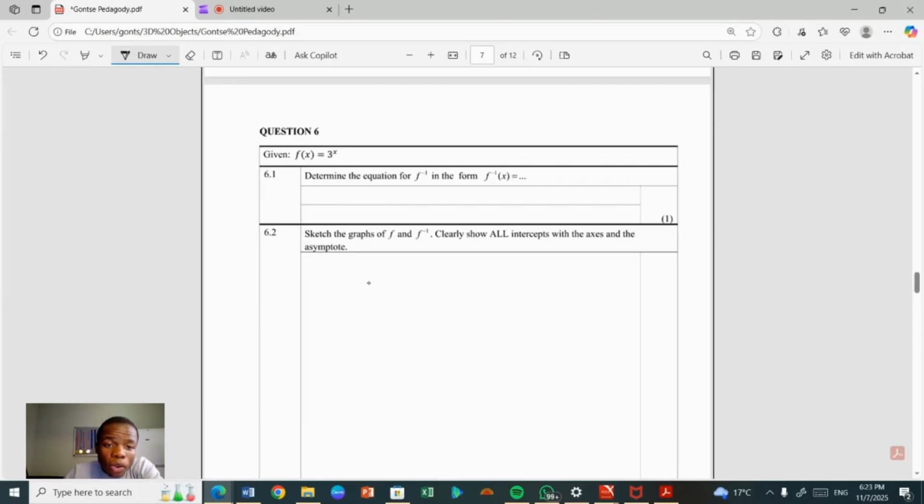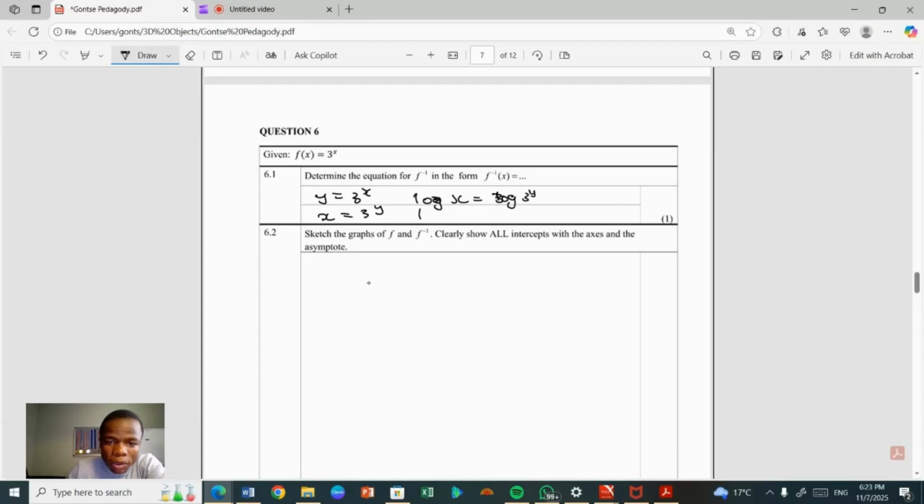So here you are just going to say y is equals to 3 to the power of x. You just interchange. Then when you interchange it is x is equals to 3 to the power of y. Then you make y the subject of the formula by doing what? By introducing logarithm, right? Then you will have log x is equals to log 3 to the power of y, right?